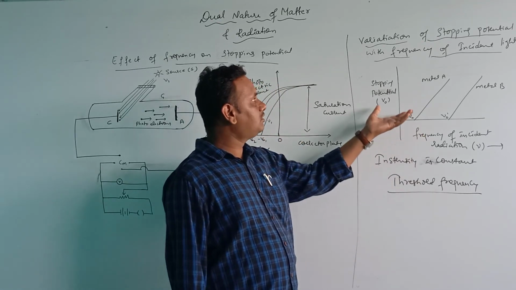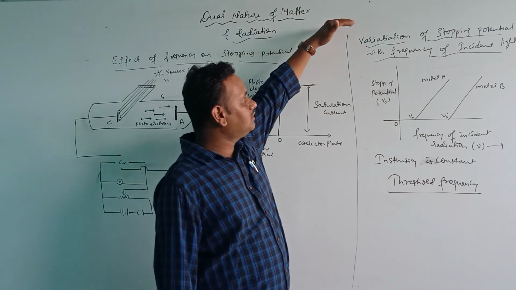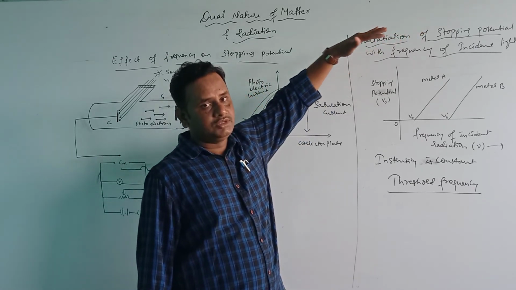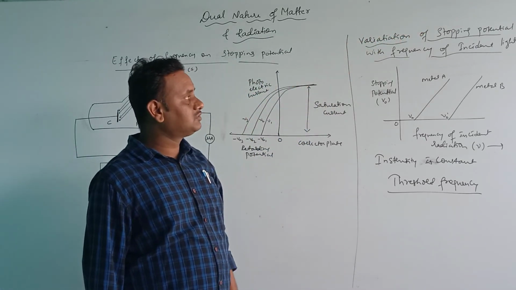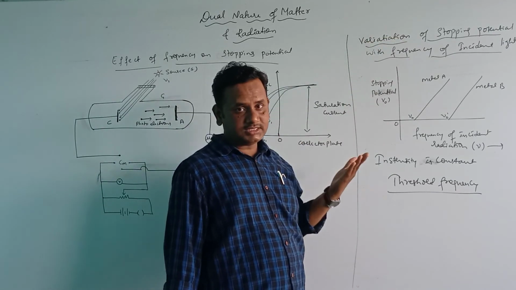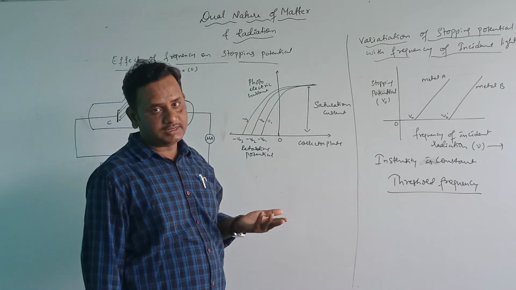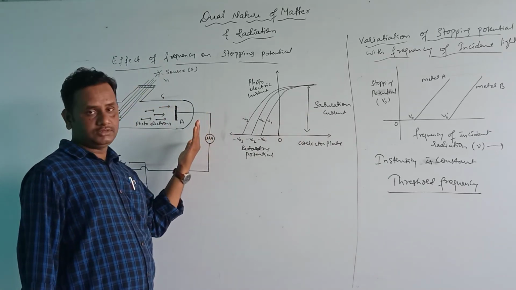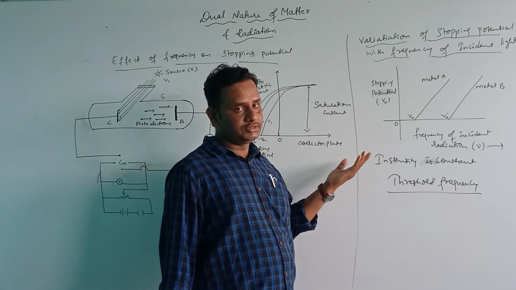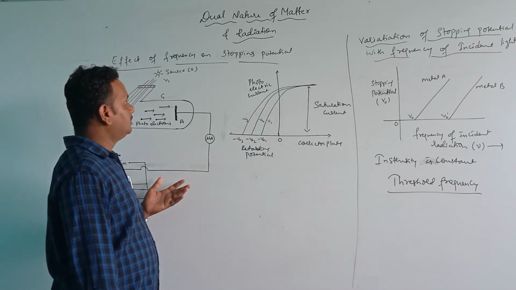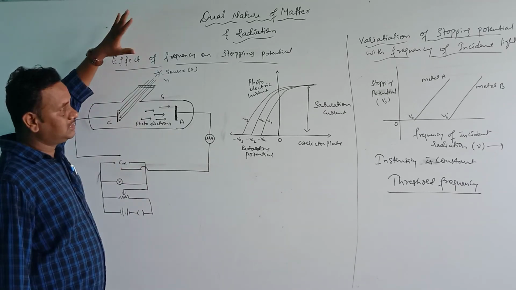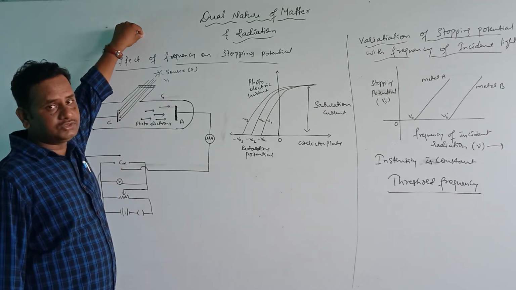So this is how the stopping potential varies with the frequency of incident radiation. As the frequency increases, the stopping potential also increases, as we discussed in the previous topic. This is what we have studied in the experimental study of the photoelectric effect.